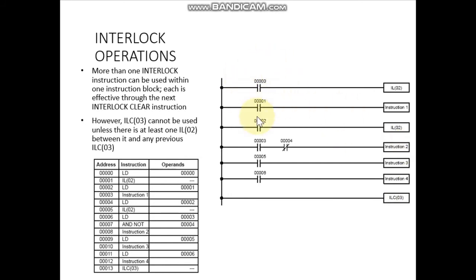If you want to turn off just these instructions, you can make sure that this one is on and this one is off. We will look at it in CX Programmer to see how it is done.